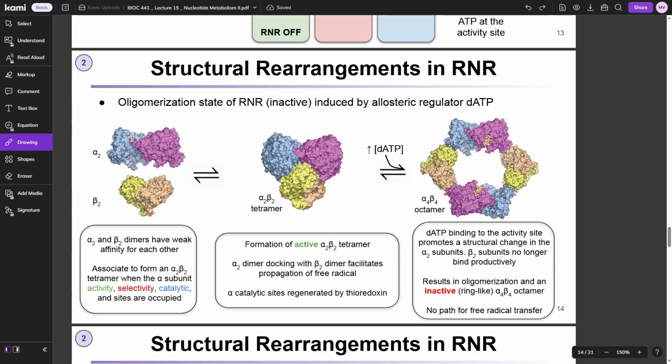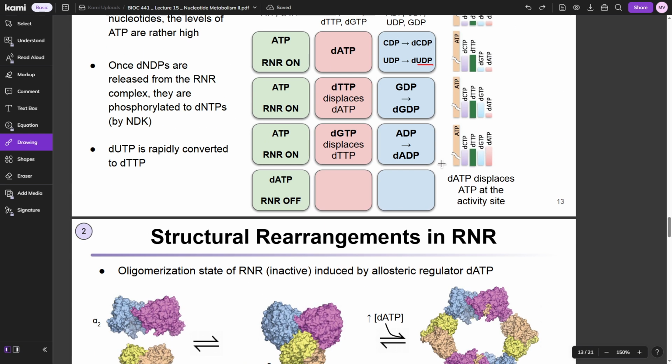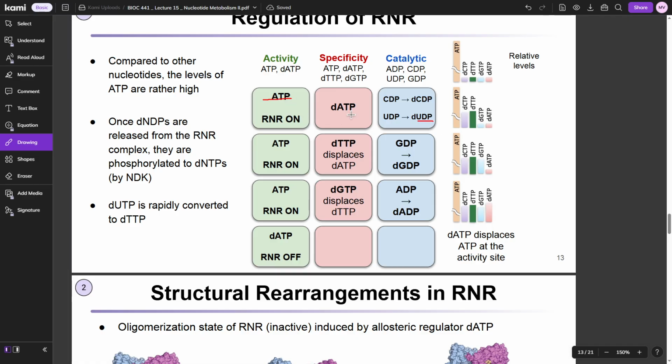We don't want this enzyme active if we don't need nucleotides. So what happens is the alpha subunit basically dictates whether we are going to turn on RNR or not. So if all three sites are occupied, the activity site has ATP, and then the specificity site has dATP, and then the catalytic site has CDP, for example.